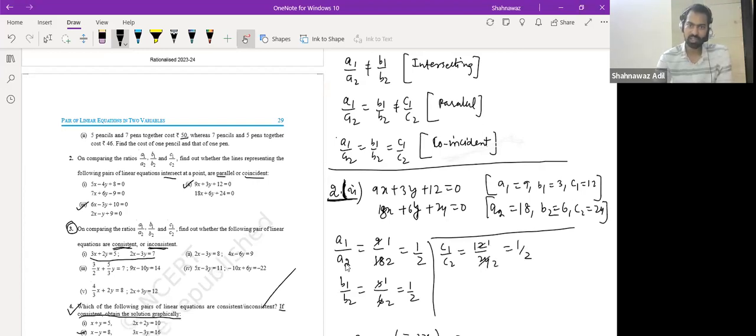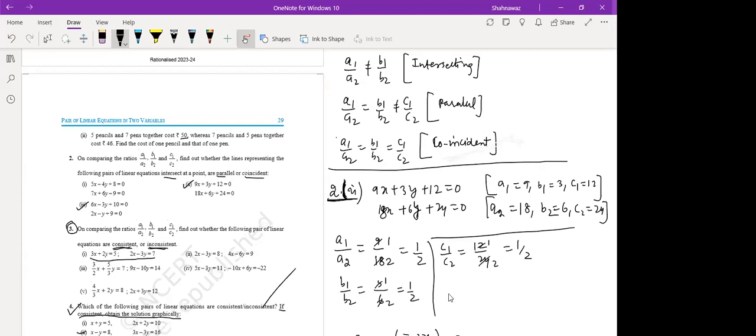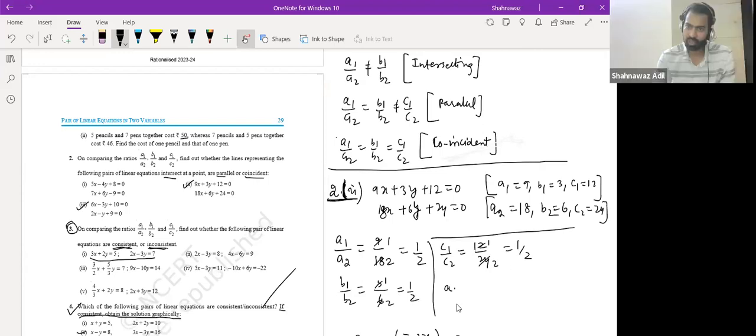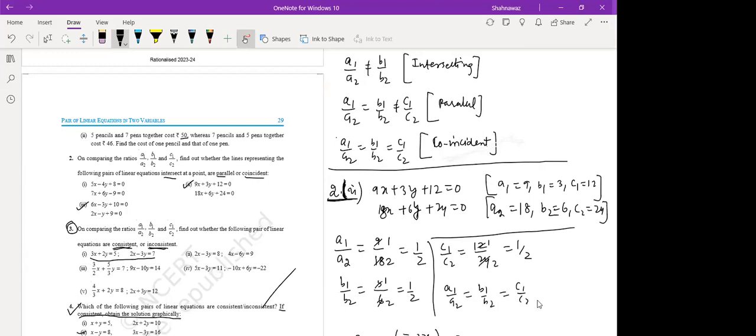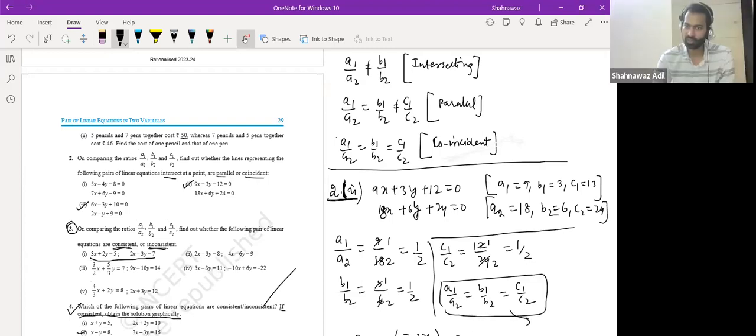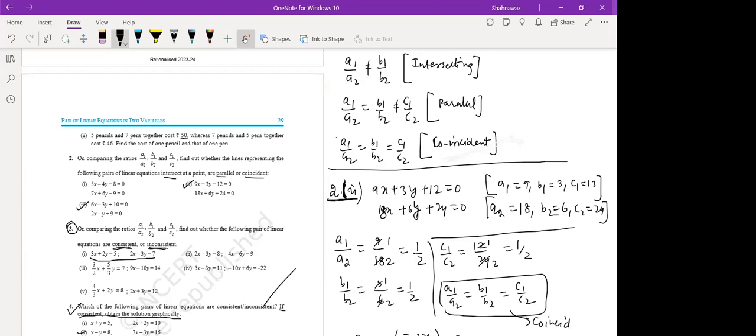So A1 by A2 equals B1 by B2 equals C1 by C2, which means coincident lines, right?